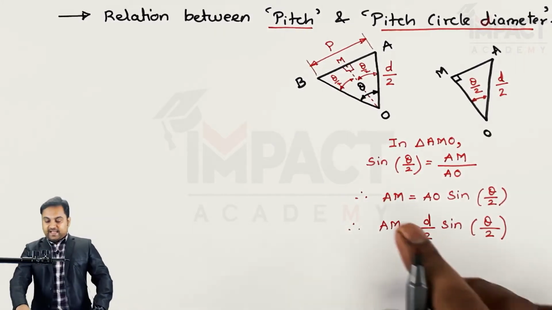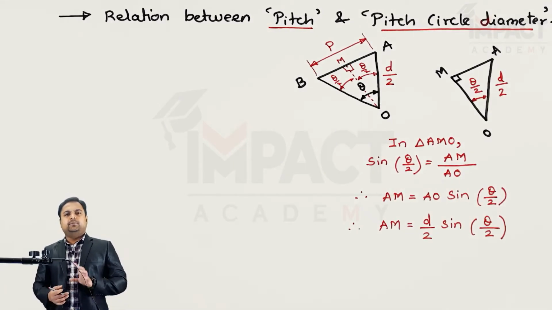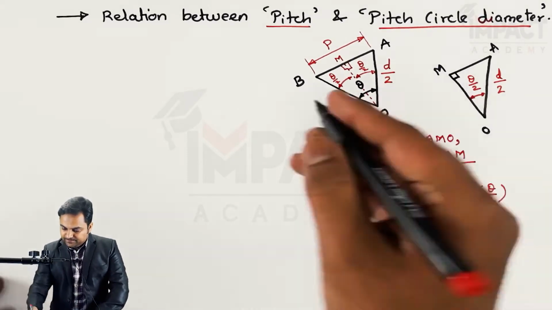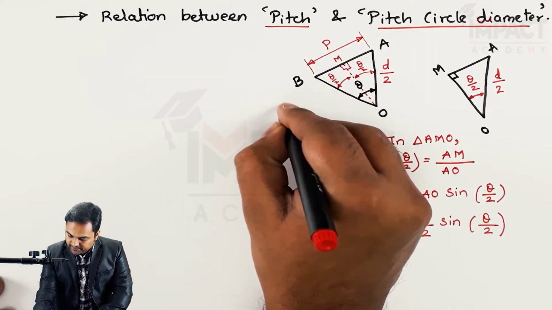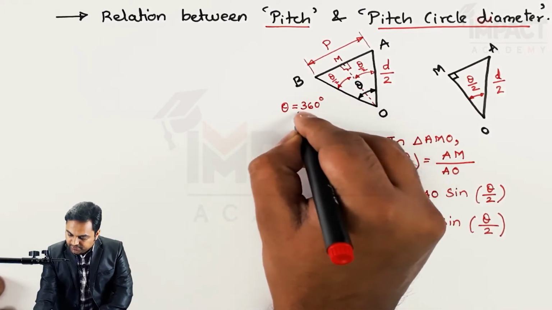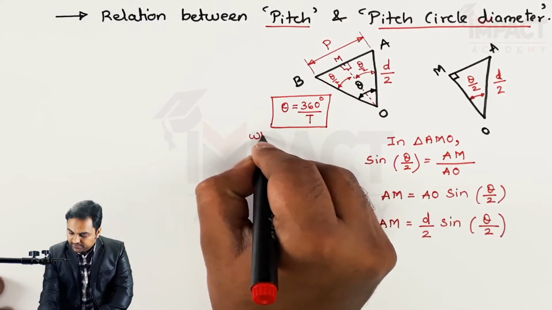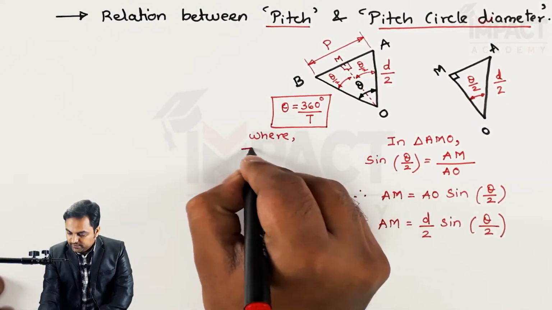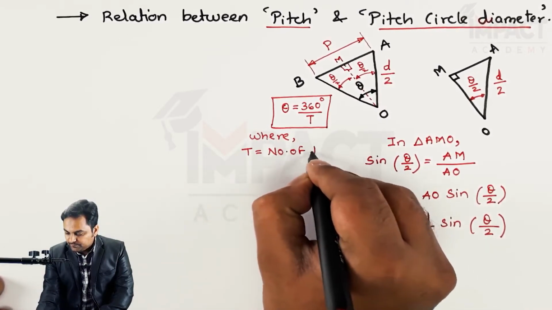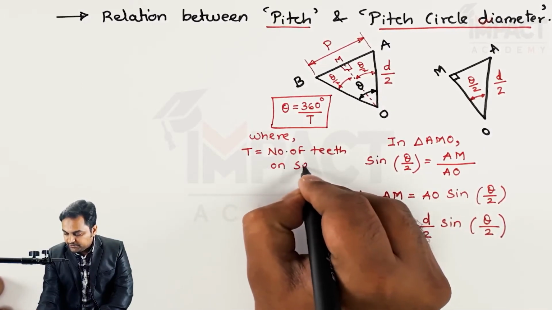Next, here this angle theta can be found out by using the relation with the number of teeth on the sprocket, and from that I can say that theta value will be equal to the total angle, which is 360 degree, divided by T, where T is equal to number of teeth on sprocket.